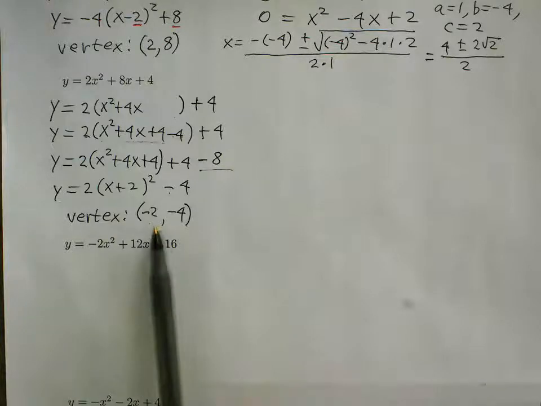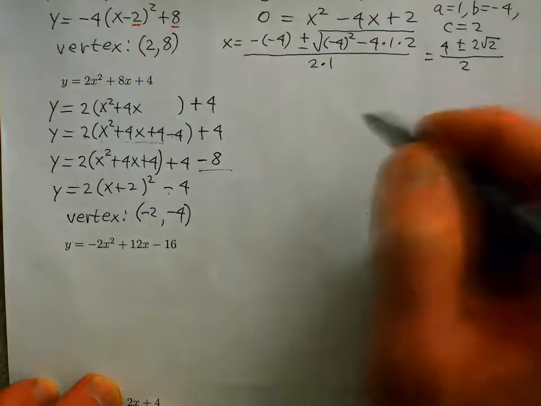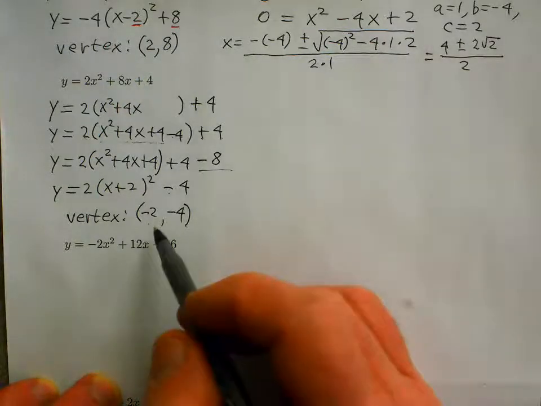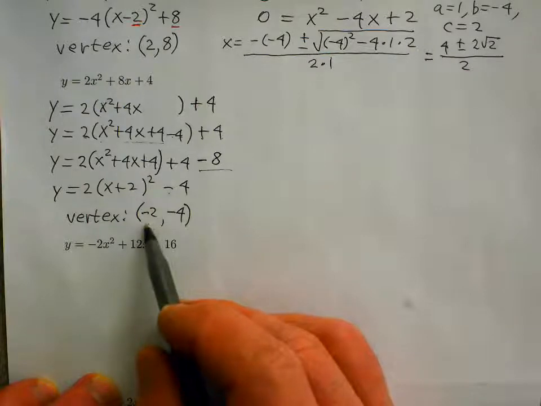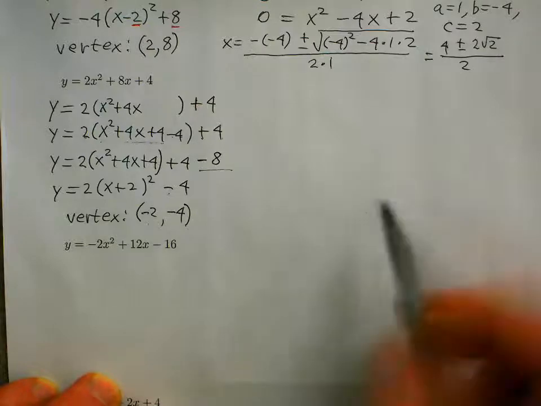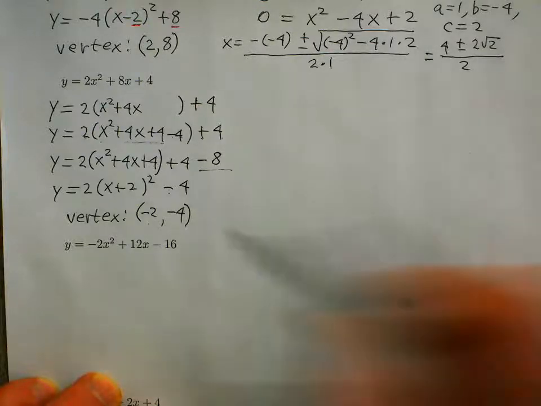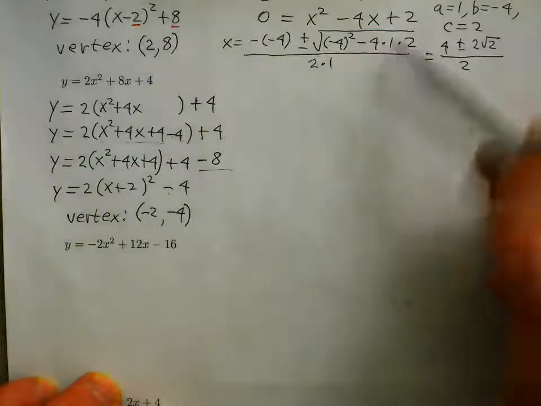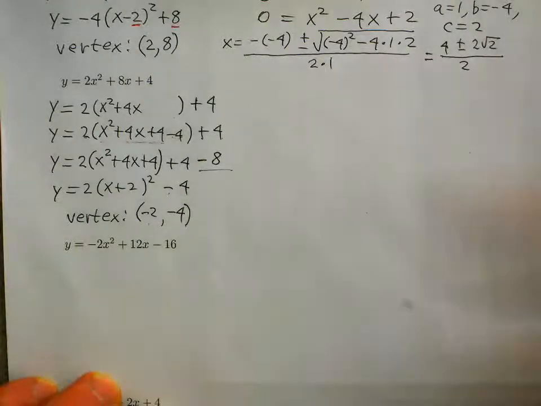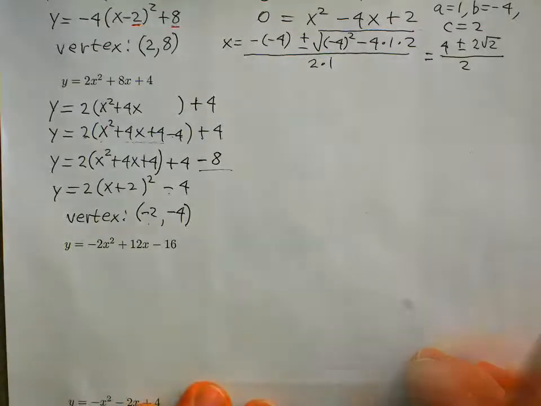Okay, the vertex is below the x-axis, right? The point whose coordinates are -2, -4, that's below the x-axis. And the parabola opens upward. So the parabola has to cross the x-axis in 2 places. So there are going to be 2 x-intercepts.